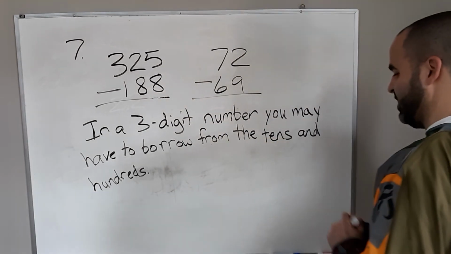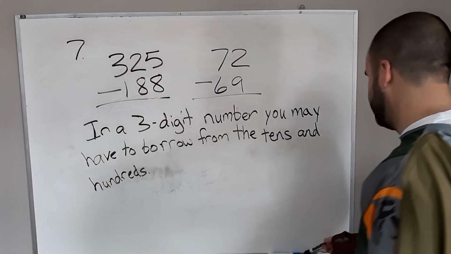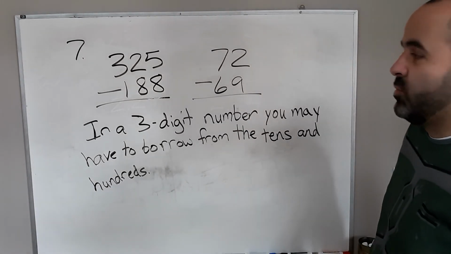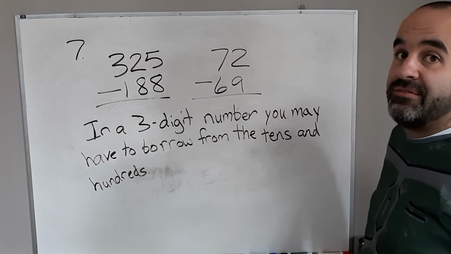Okay, I'll just leave it at that because that's the big difference. You might have to borrow from the tens and the hundreds in a 3-digit number. Whereas in a 2-digit, you might not have to, okay?